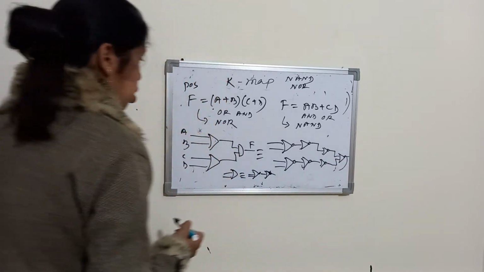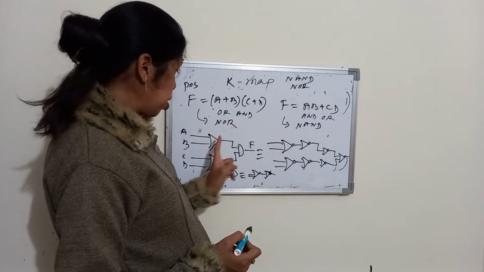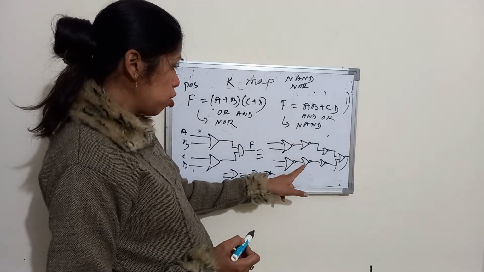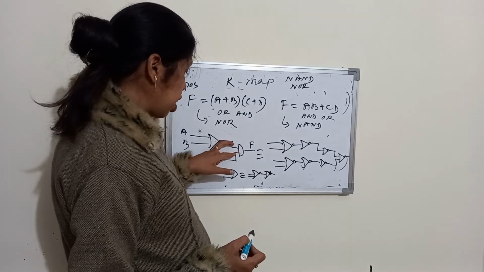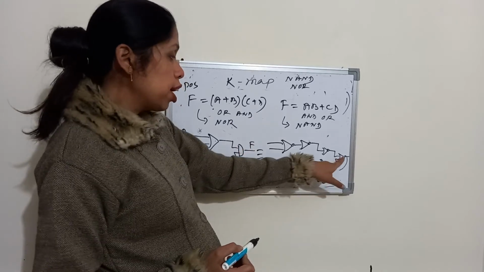Okay, right? So that is what I did. So this I replaced with one NOR gate, and behind this NOR gate I put one more NOR gate here also. And for the AND gate, in front of the AND gate I have mentioned two NOR gates, and they replace this AND gate with the NOR gate.